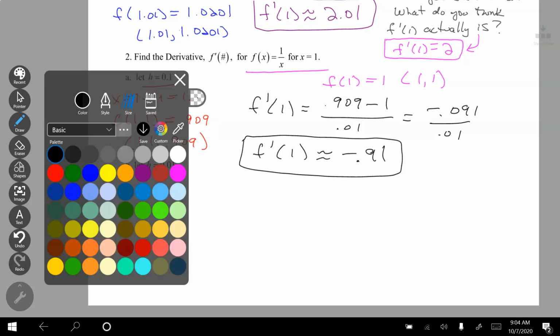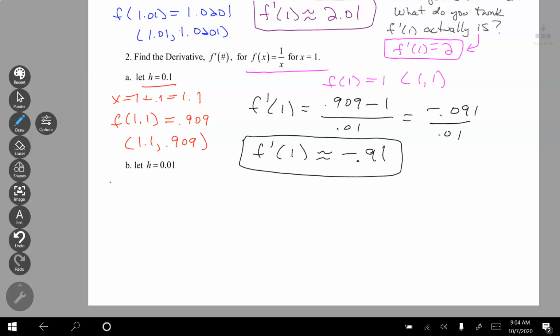Let me try a smaller h. Let's do the new x value equal to 1 plus 0.01, which is 1.01. So I have to do f of 1.01. I plug that in the calculator. I get 0.990099. And there's more decimals, I get it.